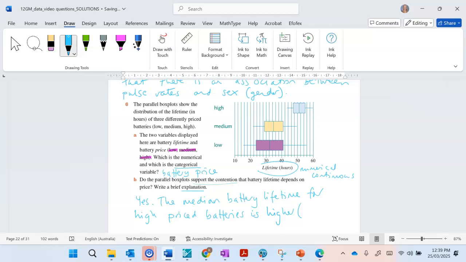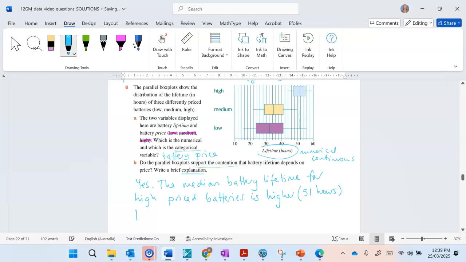And then we can just say what that is. So looking at this value going down, it's 51. Then medium priced, which was at 35 hours.